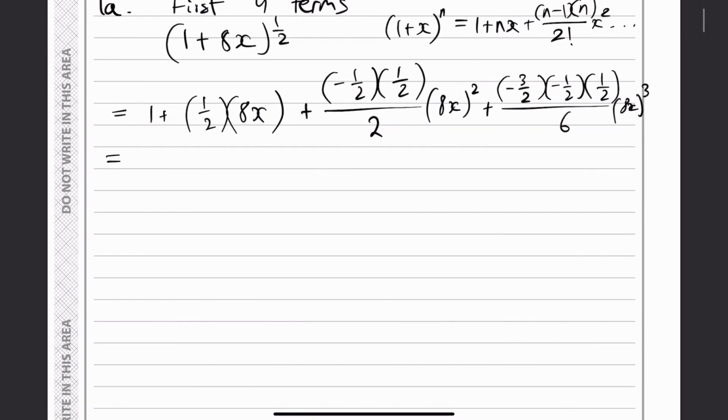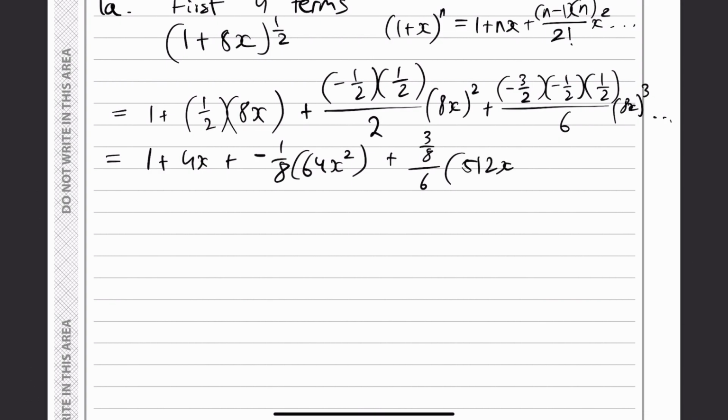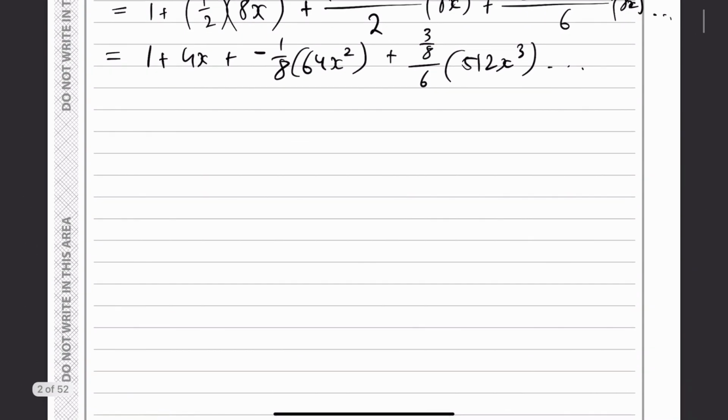So if we just simplify this all out, we're going to get 1 plus 4x plus, let's do something like minus 1/8, I believe. So minus 1/8 multiplied by 64x squared plus, so these have a double minus, and we're going to get 3 over 8 over 6 multiplied by 512x cubed. And we'll just do a bit more simplifying.